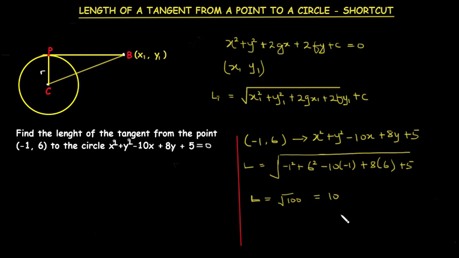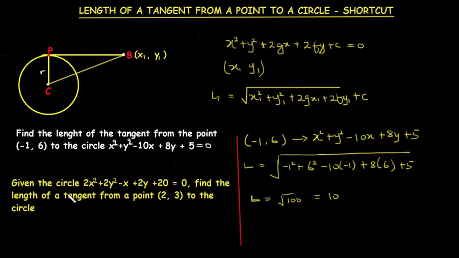Let's take the next example. Given the circle 2x squared plus 2y squared minus x plus 2y plus 20 equals 0. Find the length of a tangent from the point 2, 3 to the circle.